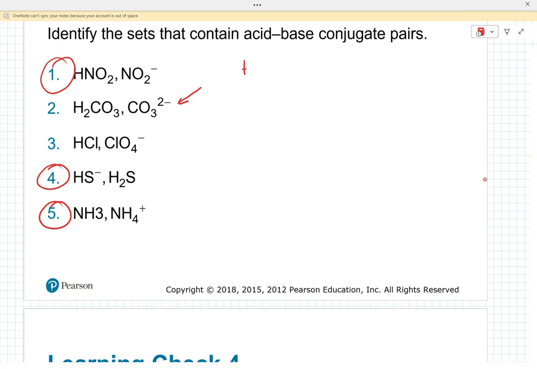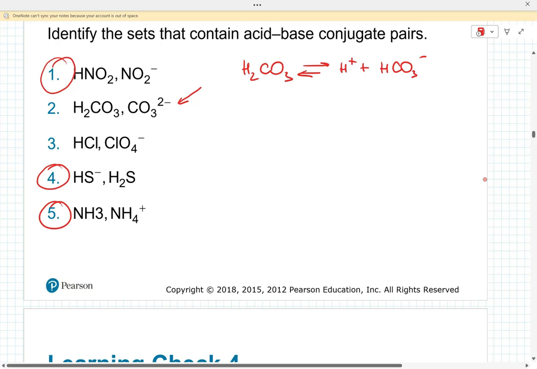Why do I have reservations about this? Because this is what's going to happen. Check this out. Carbonic acid will dissociate into this. Carbonic acid is extremely weak, which means that if we compare these arrows, this process will dominate over this process.